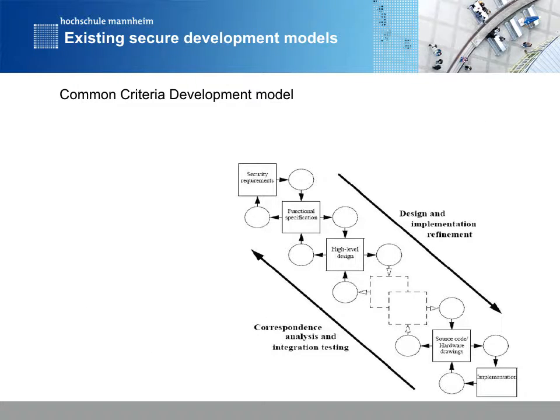The common criteria development model is a waterfall model. This is a bad picture I picked. This is from the specification document from common criteria. And as you can see, this is very waterfall-like. One of the drawbacks of common criteria is that you need to have a staged approach and follow the waterfall process.